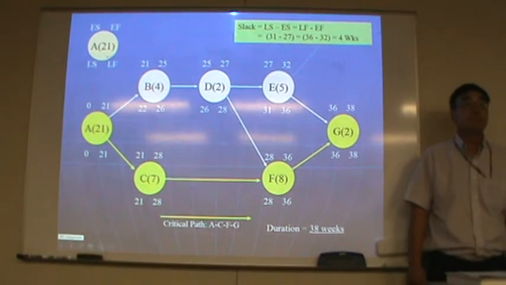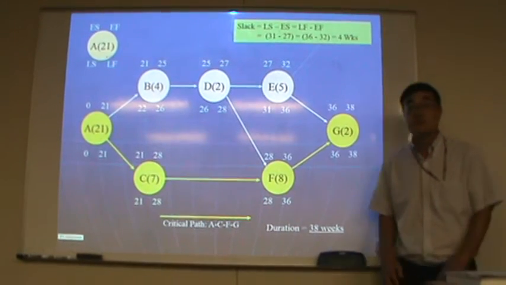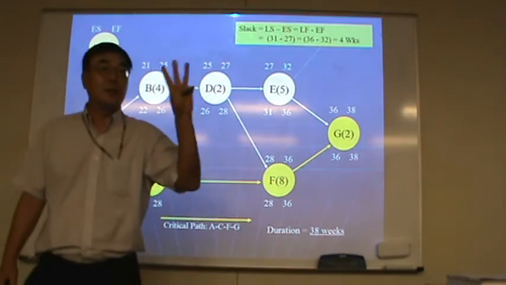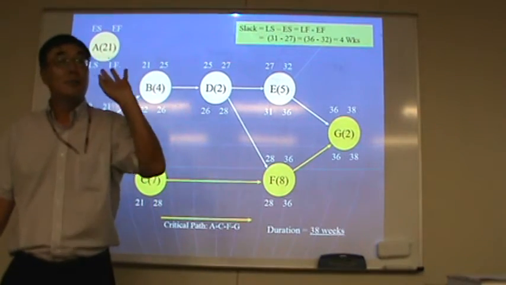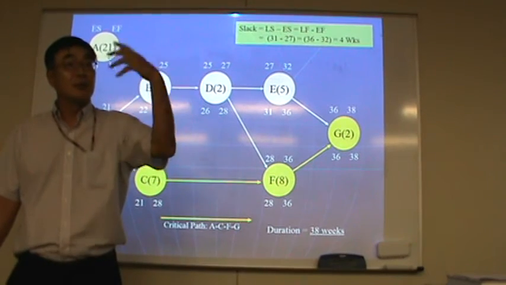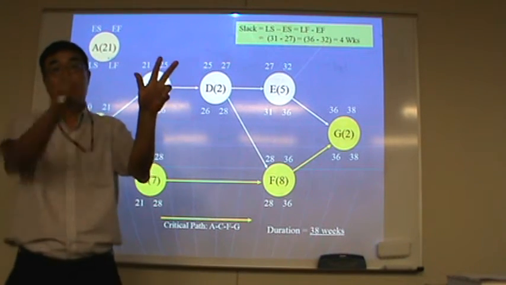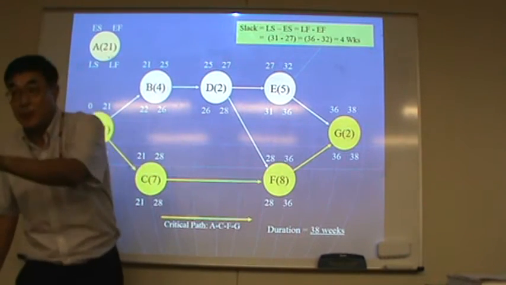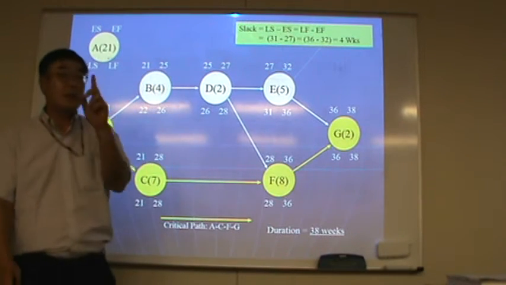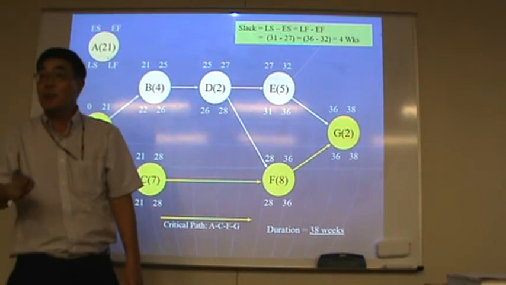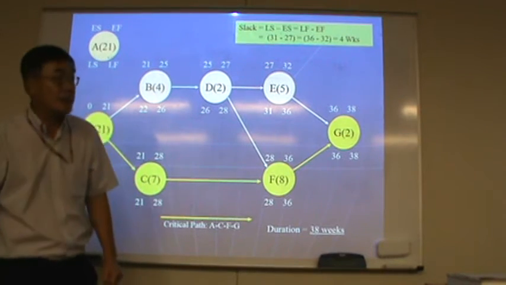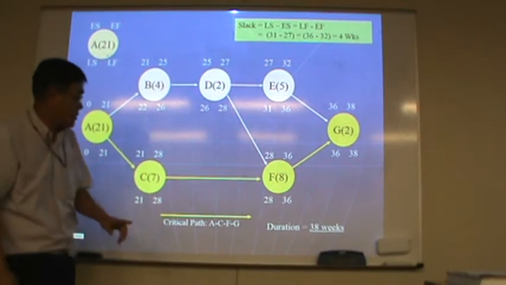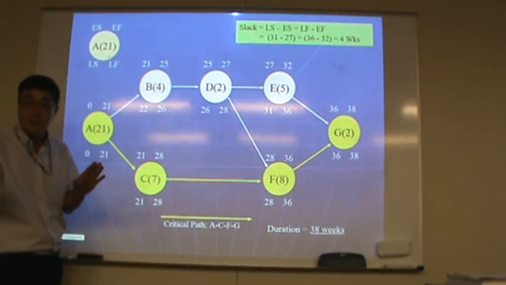Using the three activity times, optimistic, most likely, pessimistic, and a formula, we get the expected time, which is the same as a single activity time. We draw the network diagram like this, and then follow the same process.